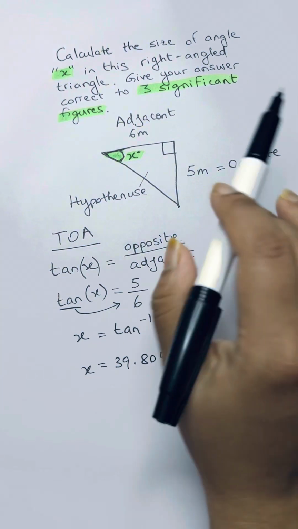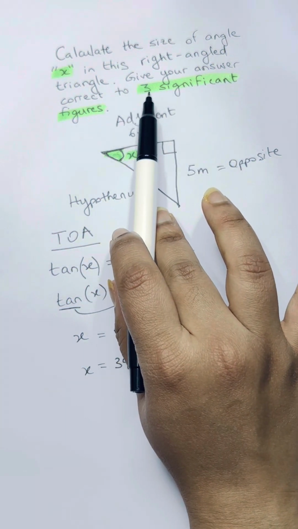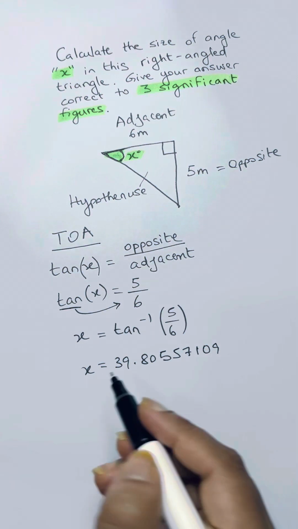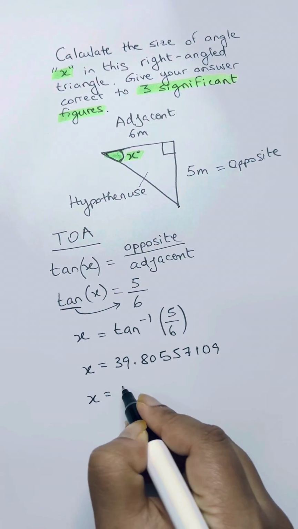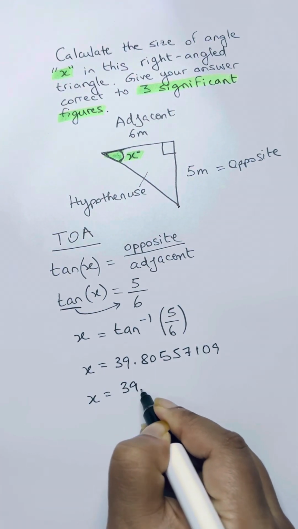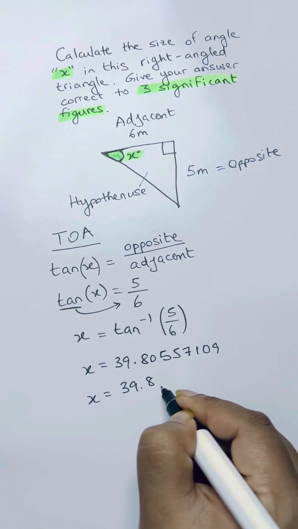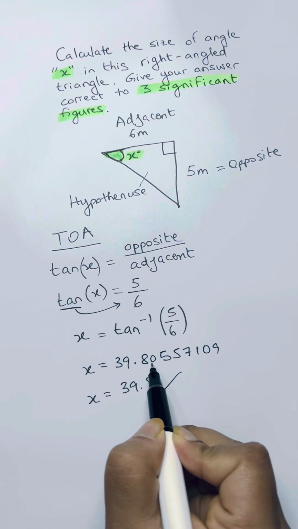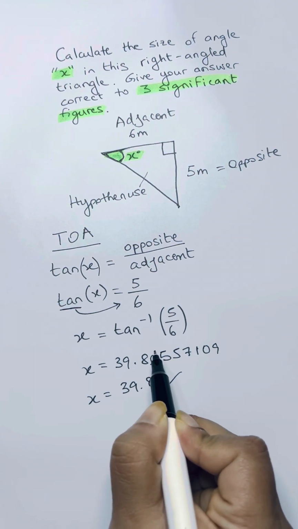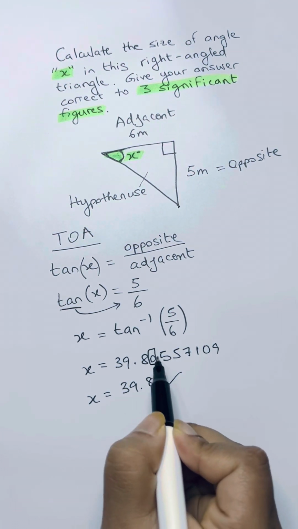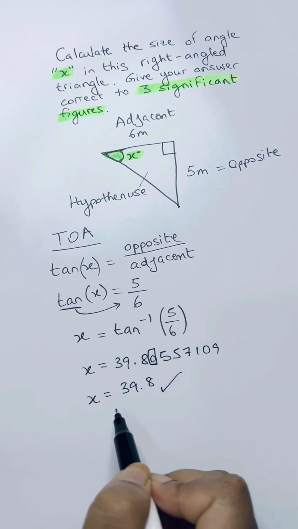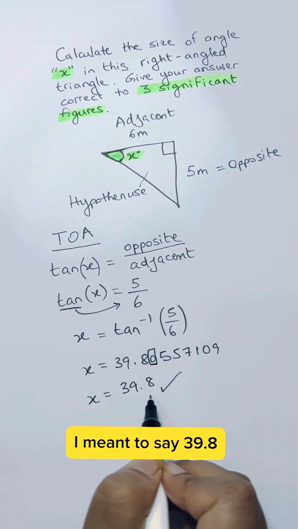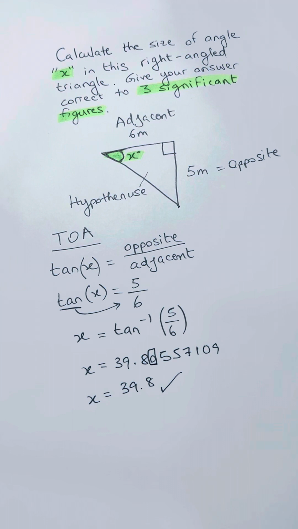But be careful, our final answer needs to be to 3 significant figures. So x is going to be equal to 39.8. Now, this would have been 39.9 if this digit had been 5 or greater. But because it's not, we have to keep it as 39.8. And that's our final answer.